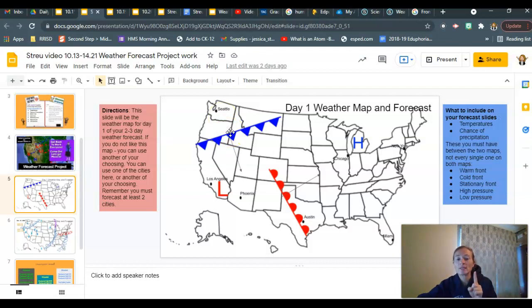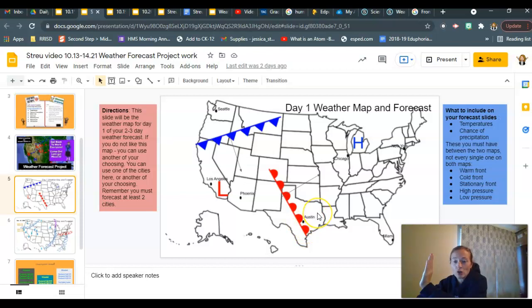Also make sure that your temperatures, this map, this person wasn't done when they created this, so they don't have temperatures on here yet. But like right here near Austin, they should have a temperature for this day 1, probably with a text box near Austin. Okay, and then 2 to 3 days later, that warm front has now moved past.